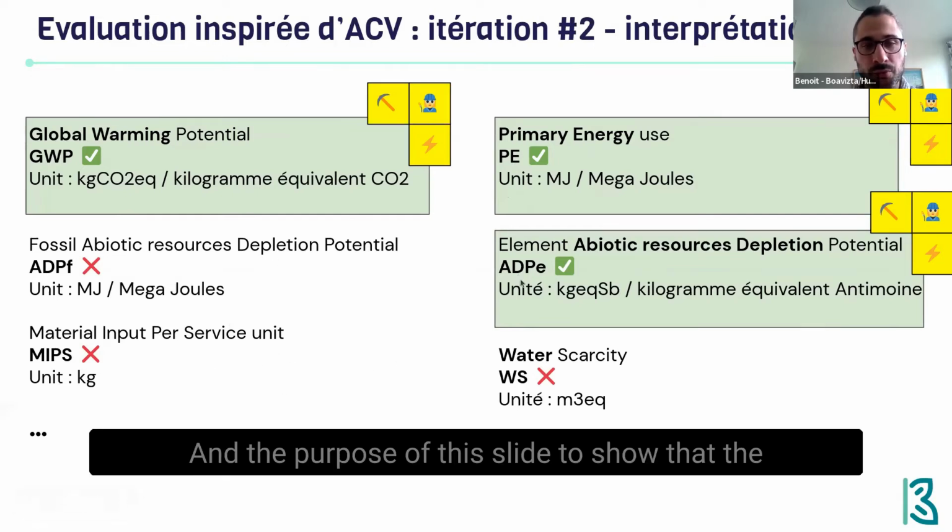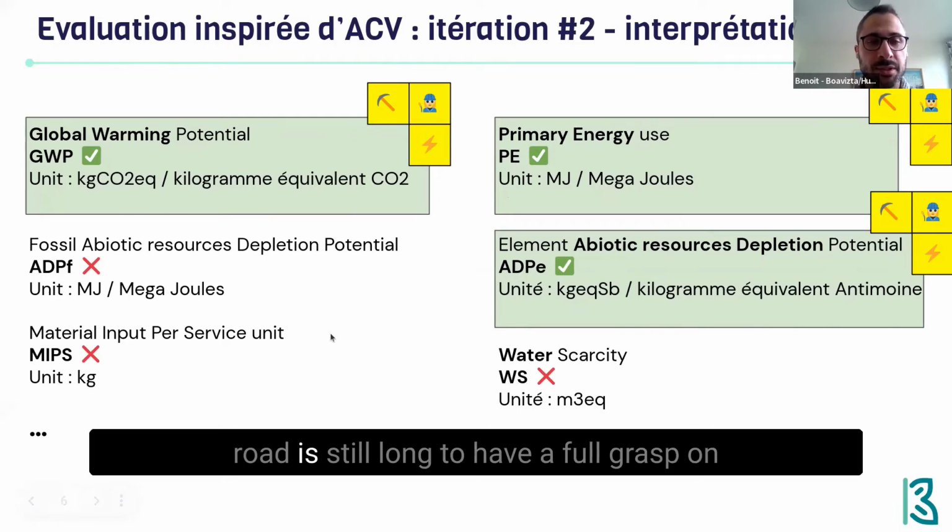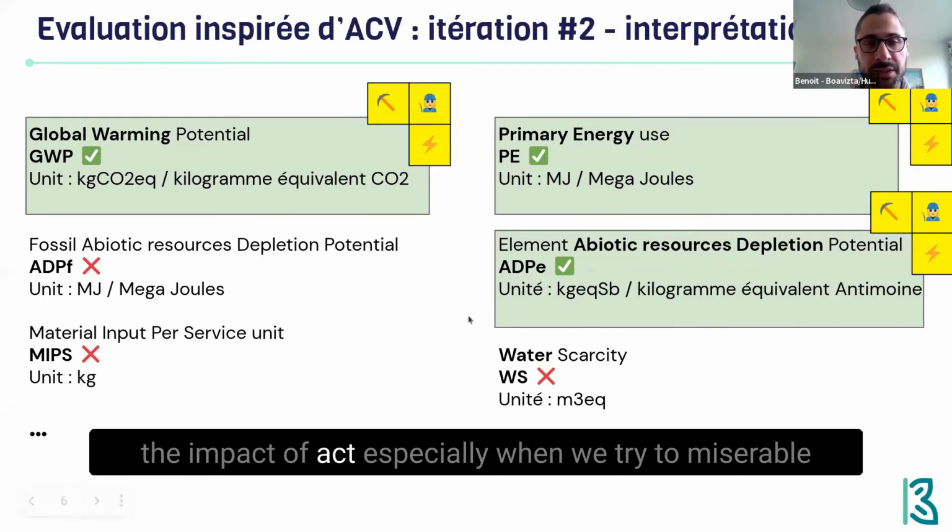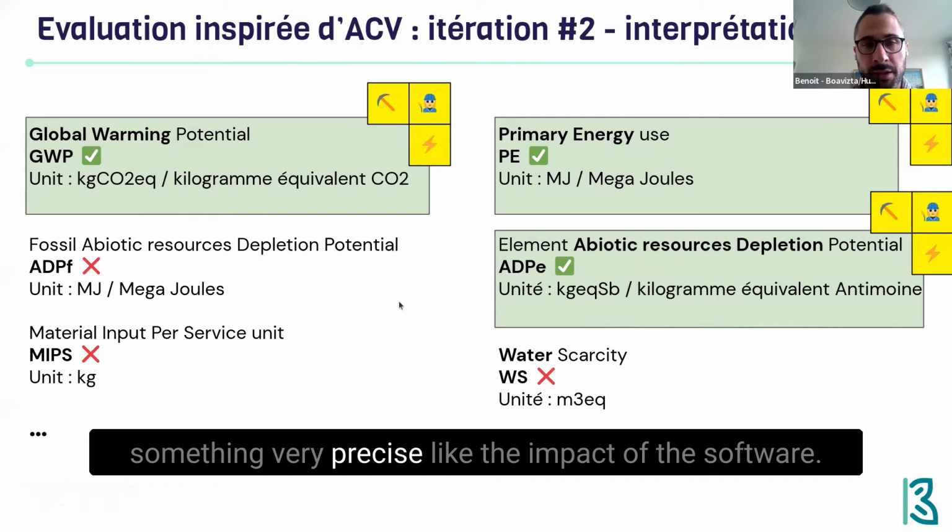The purpose of this slide is to show that the road is still long to have a full grasp on the impacts of ICT, especially when we try to measure something very precise like the impact of a software.